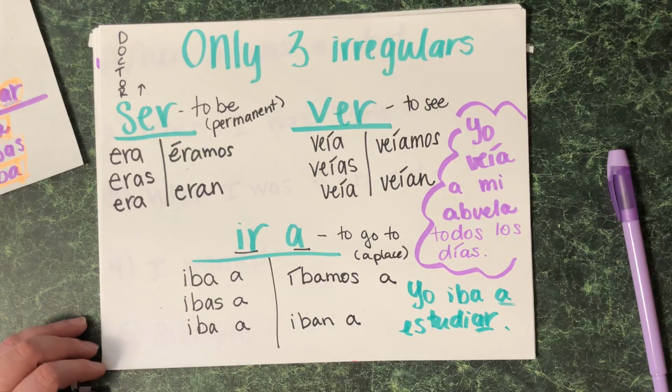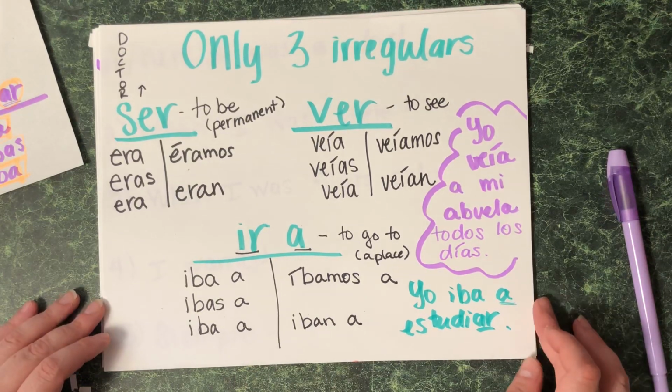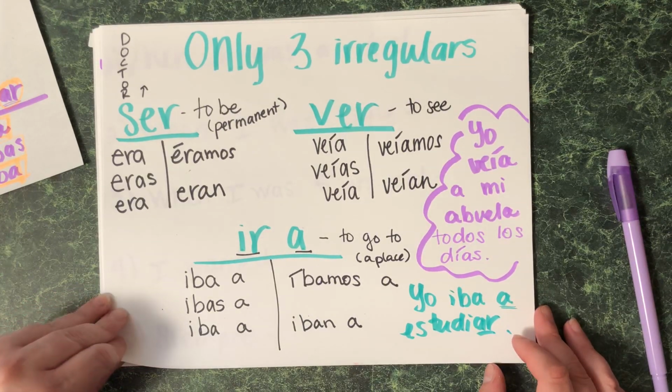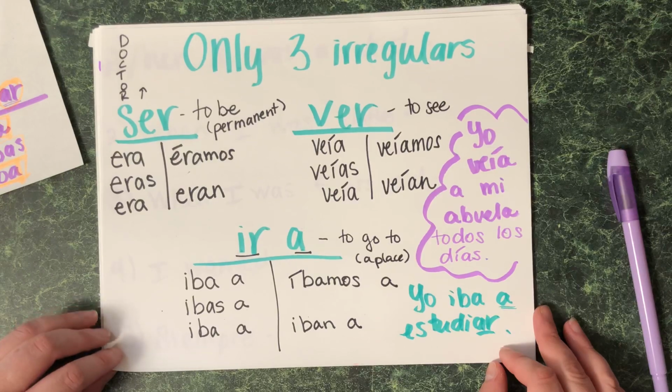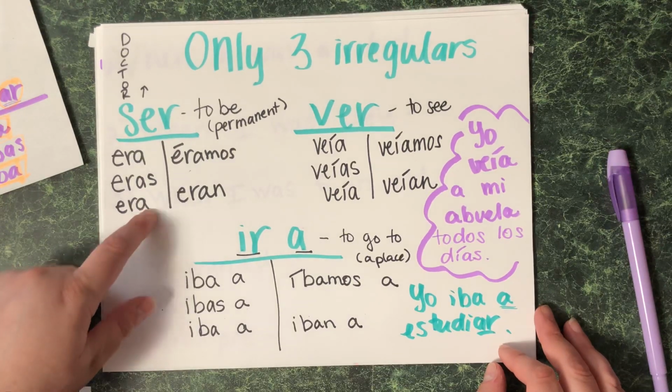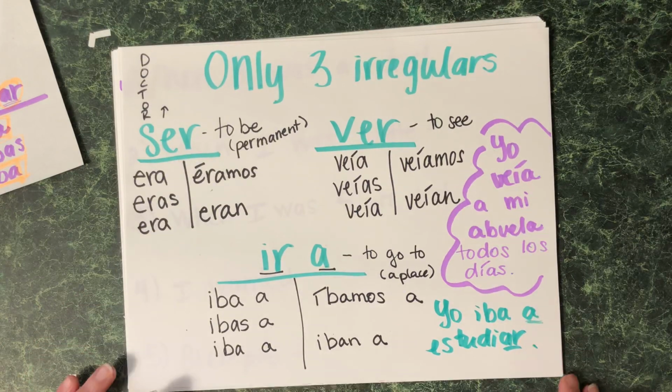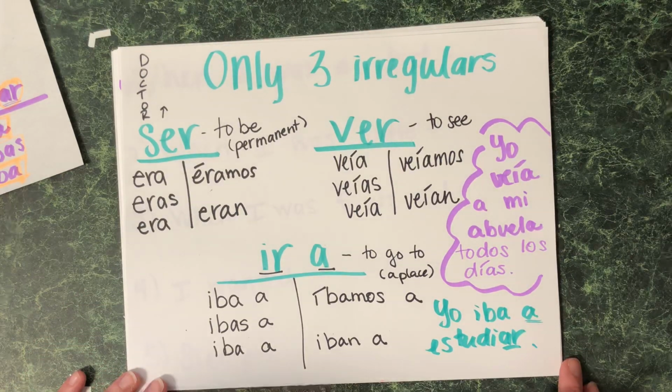All right, we're good. Make sure that if you need more time to take notes, pause the video as we go. You can do this at your own pace, all right? Let's do one example right here of ser before I forget. We could say, we used to be friends.